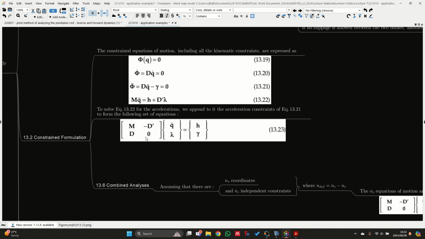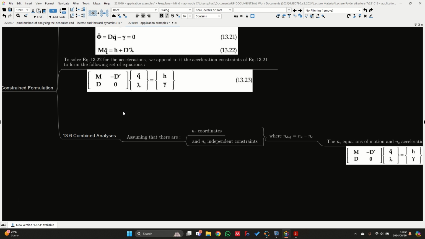So we have a matrix that consists of a mass submatrix, a Jacobian submatrix and its transpose, and also a zero submatrix, which we multiply by a vector consisting of the coordinate accelerations and the Lagrange multipliers. We simply set this equal to any externally applied load vectors, and also the right-hand side term that we looked at previously.